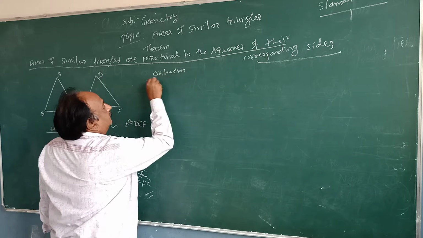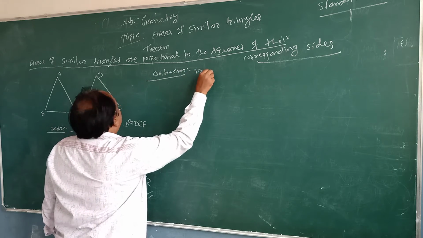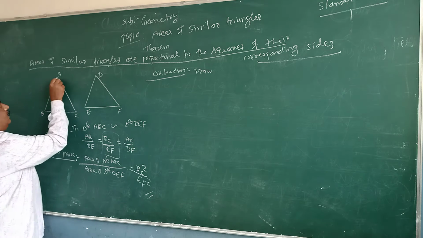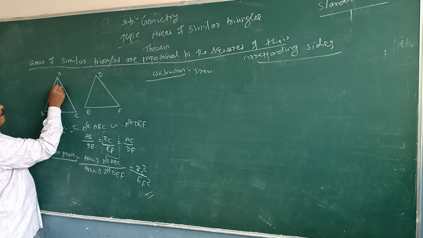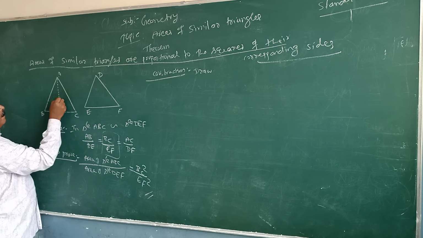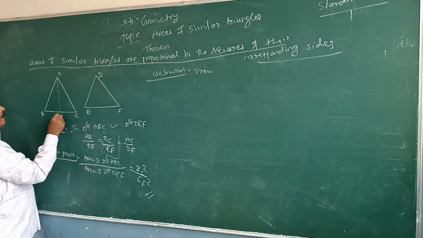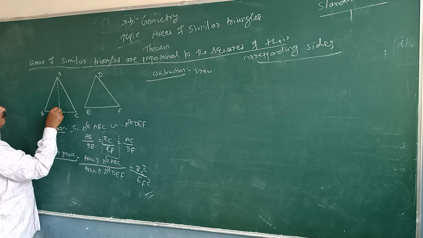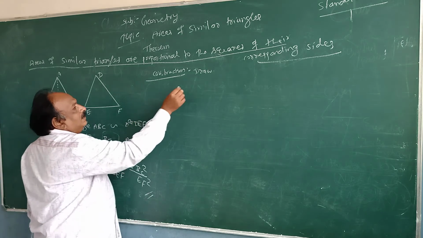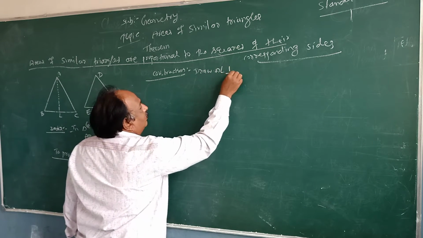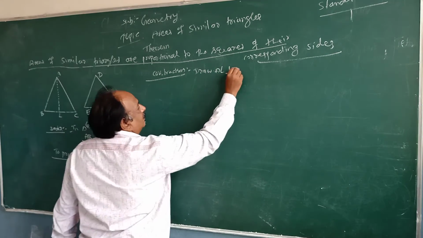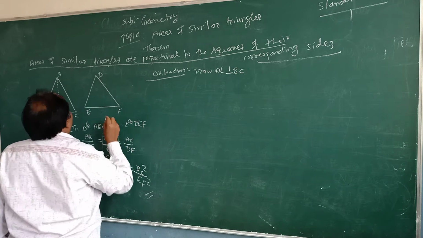Construction: draw AL perpendicular to BC.